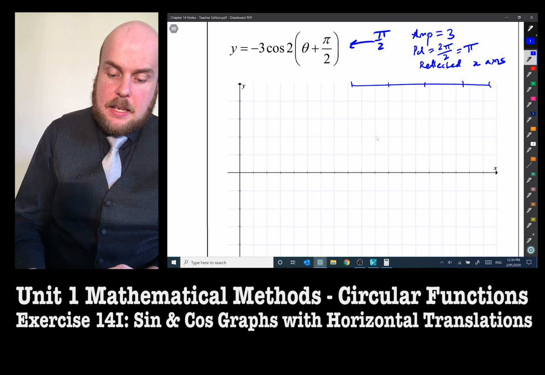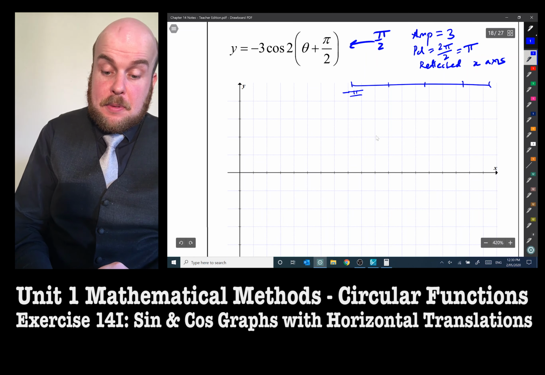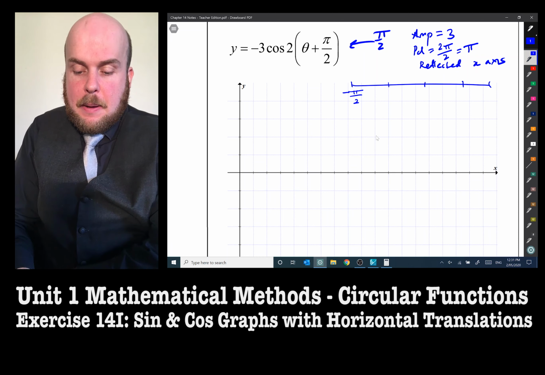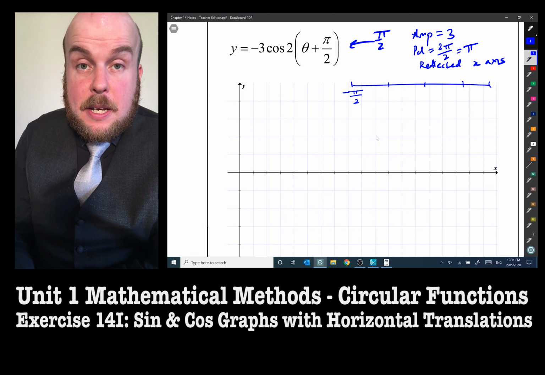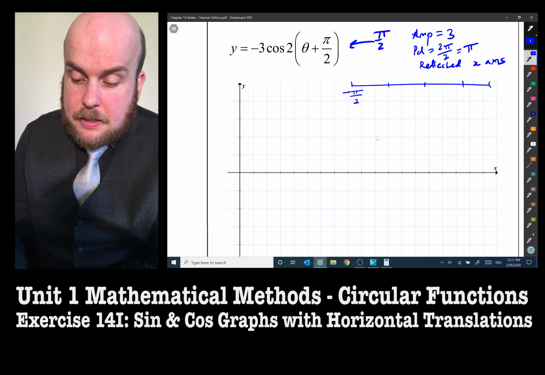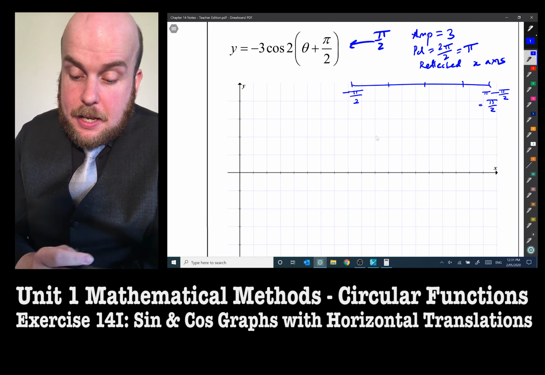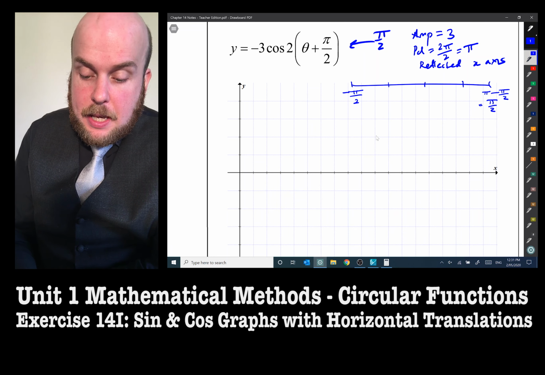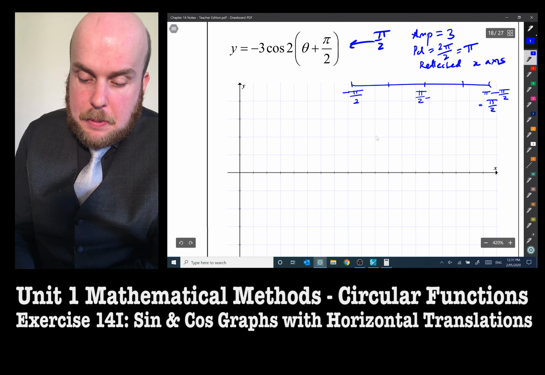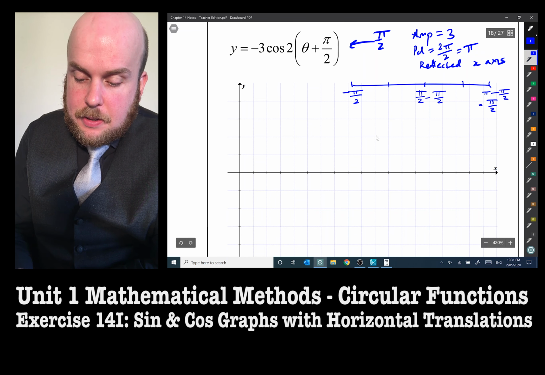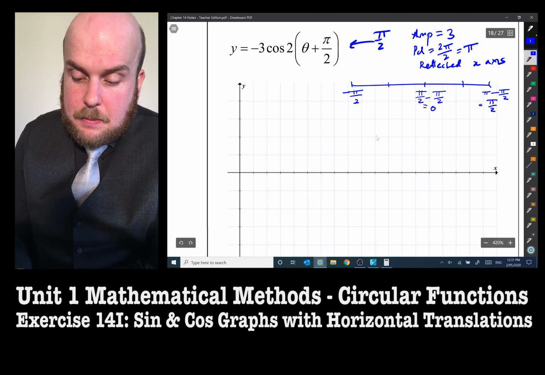So once again, I'm going to start by doing a very approximate sort of breaking things into quarters. I know that it will start at negative pi on 2, because it's moved to the left by pi on 2. We know that the period is pi. So this end will be pi minus pi on 2, which will be equal to pi on 2, because a pi, take away half a pi is half a pi. The middle section, which would normally be pi on 2, is pi on 2 take away pi on 2, so that's equal to 0.